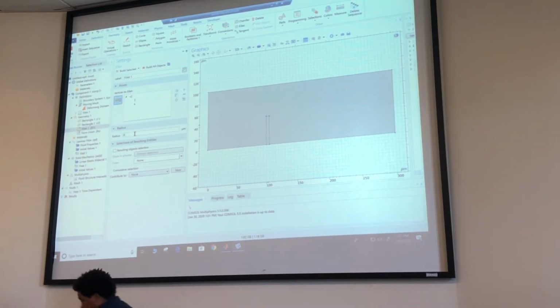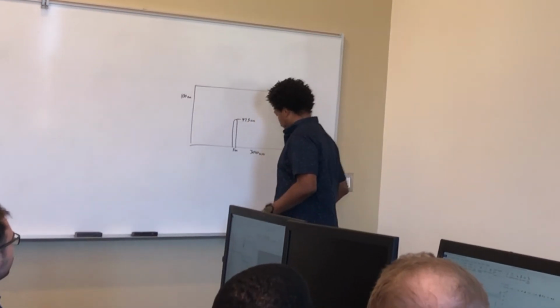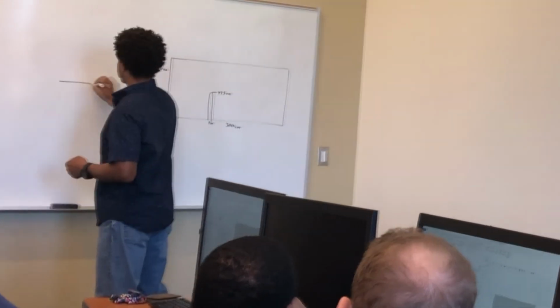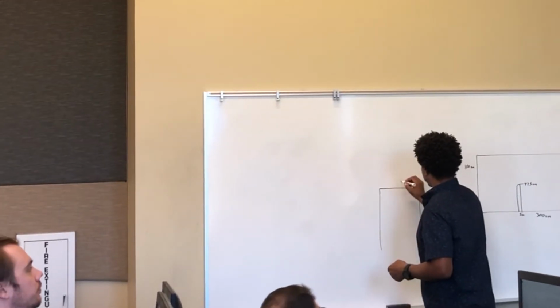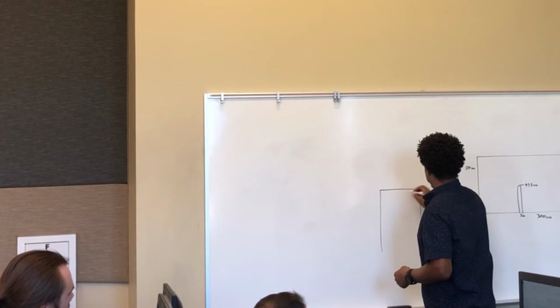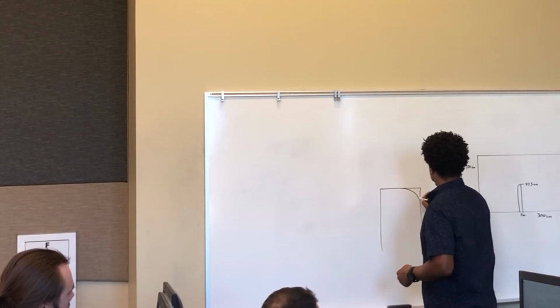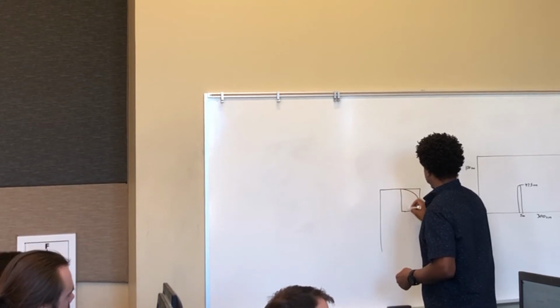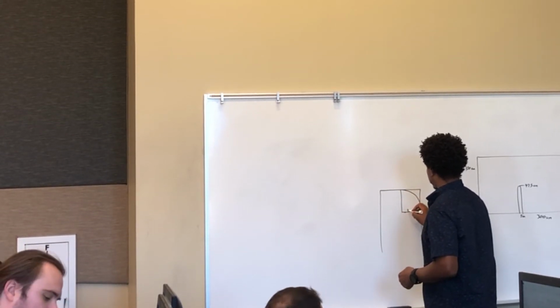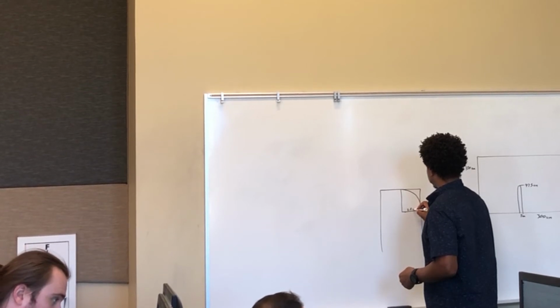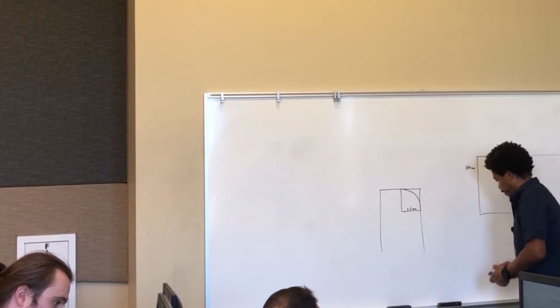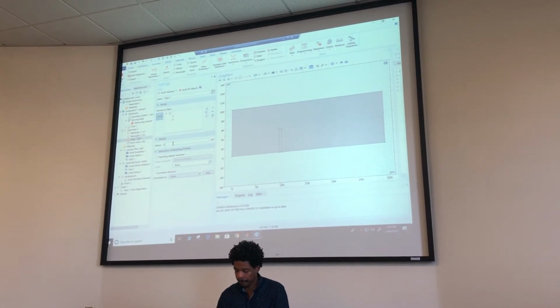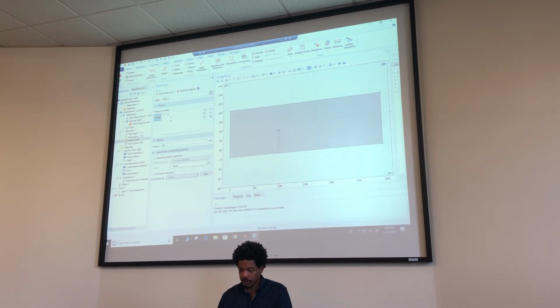So remember, this is 5 microns, and so if you were to blow this up right here, this whole thing is 5 microns, and you want to round this out, the radius you're interested in is half of that 5 microns. So we're talking about like 2.5 microns, for each of them. Okay, so let's type in 2.5 and then do Build All.